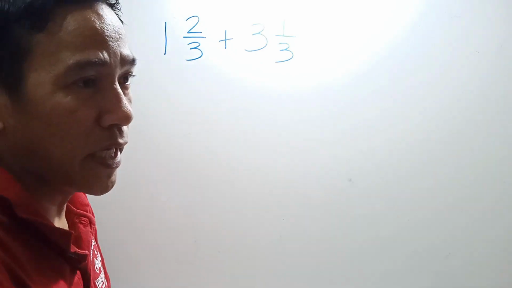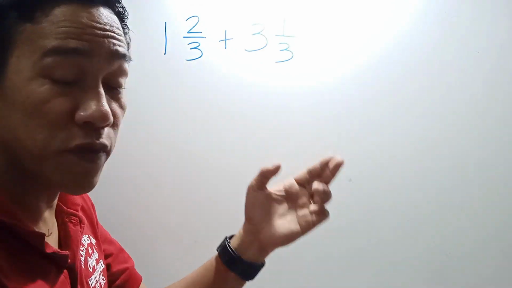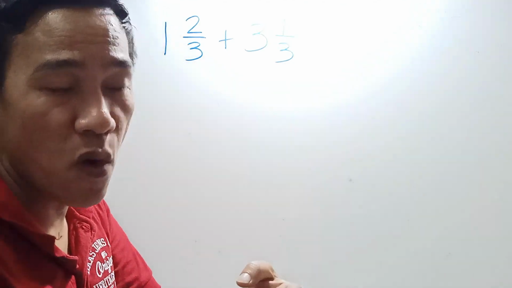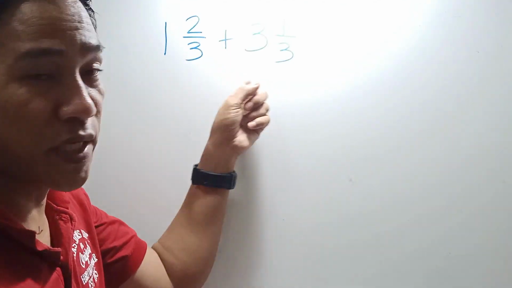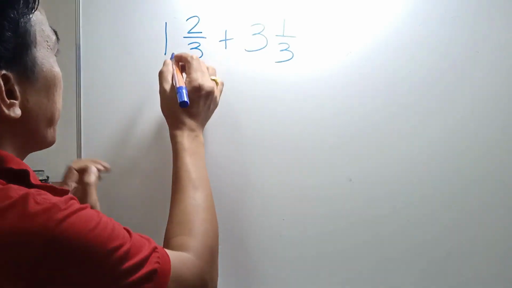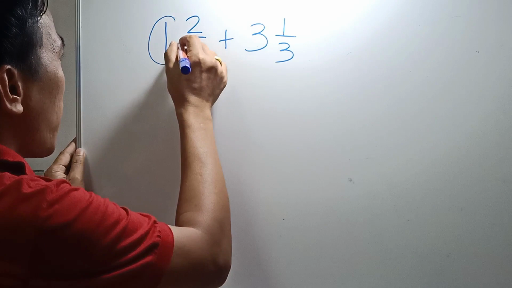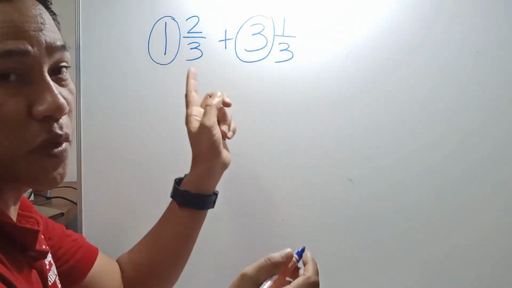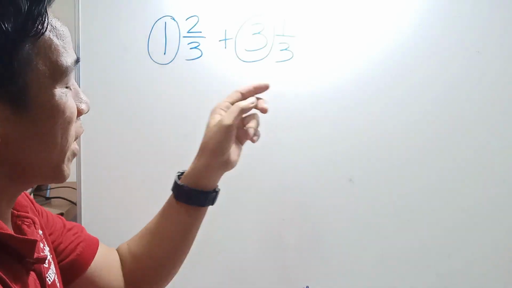In these problems I have two methods to show on how to add mixed numbers. First method, watch. I'm going to add 1 and 3 here because they are the whole numbers in these mixed numbers.